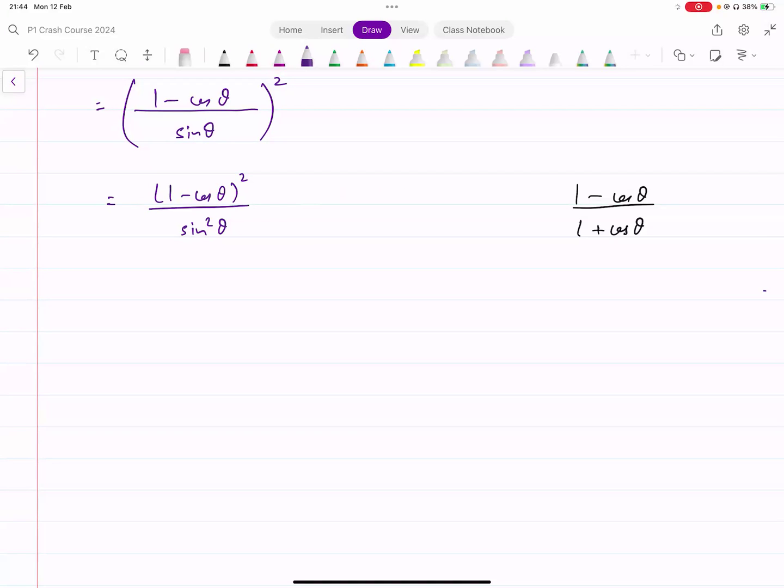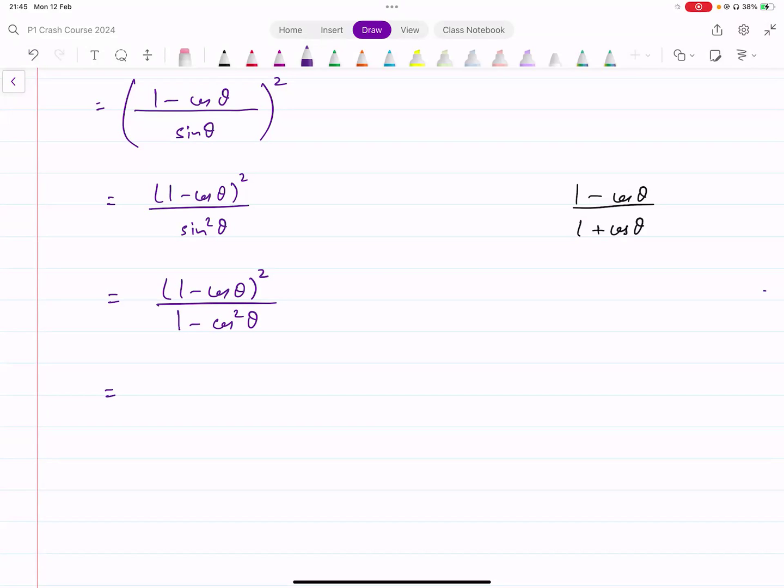Okay, so we are saying the numerator should not be expanded. What about the denominator? We want everything converted to something in terms of cos. So what we do is we say this can be written as 1 minus cos theta whole squared divided by, sine square is 1 minus cos square theta. So in the denominator, we've got 1 minus cos square theta now.